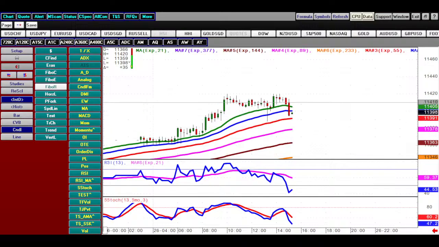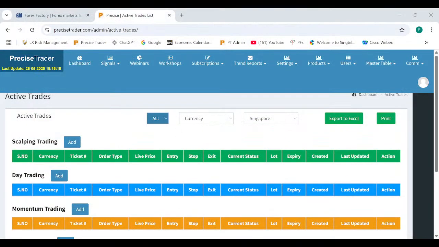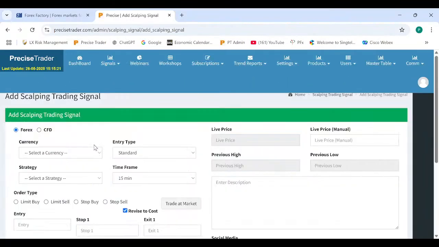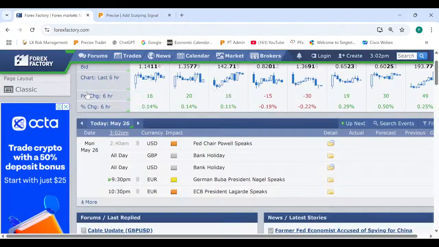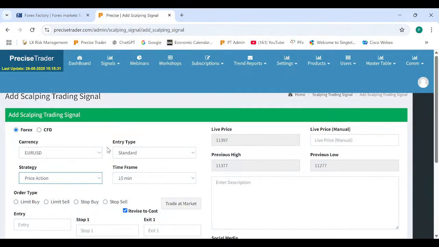That is a very tight stop. So let's go for a sell. 114 stop at 30.